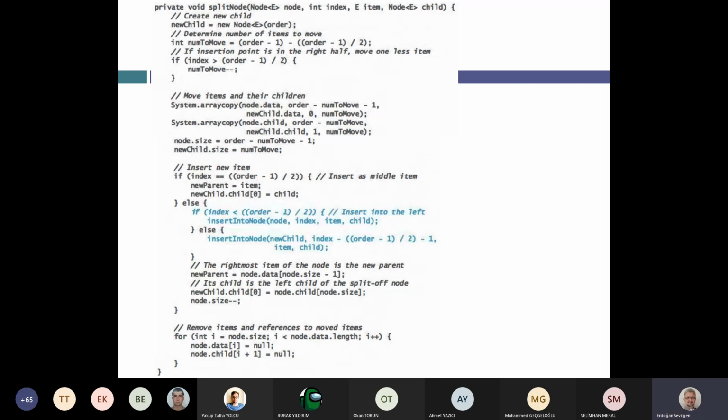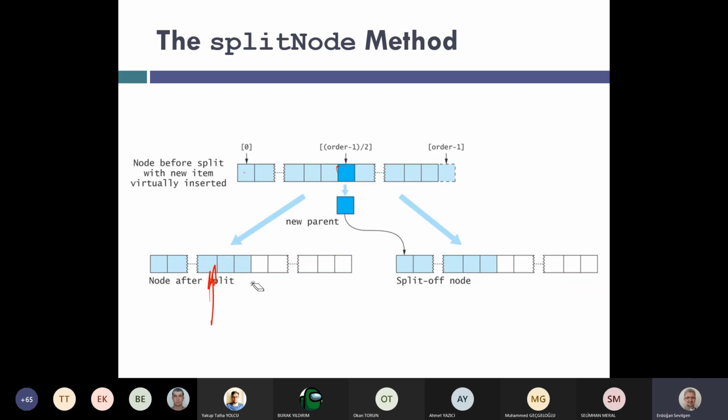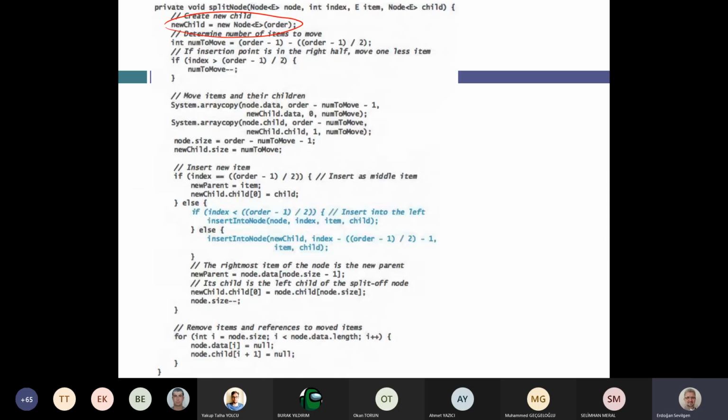First, we create a new child here. This is the new child that we split off from the node, and we calculate the number of elements to move to this new child.